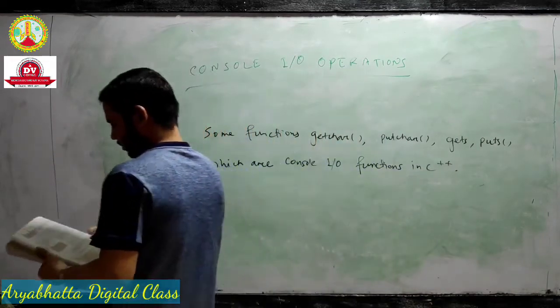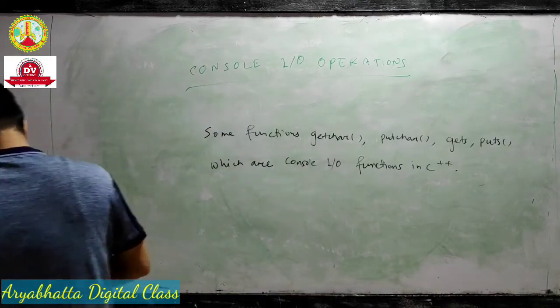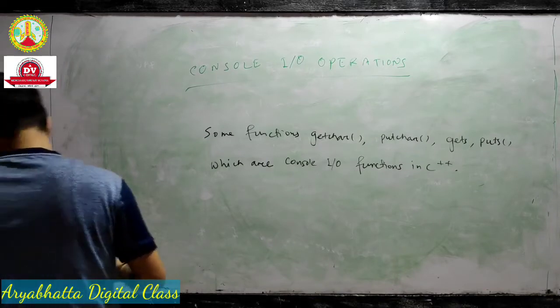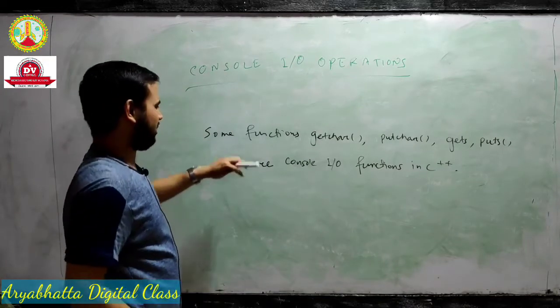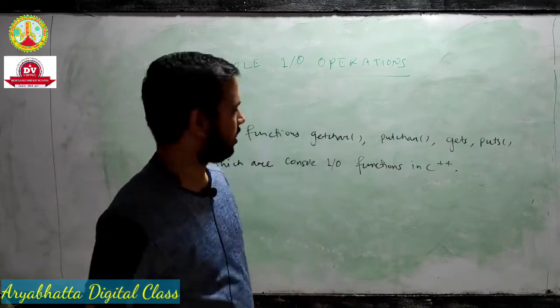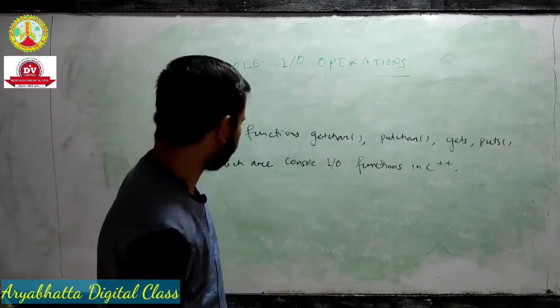Okay, this will be enough for console input output operation. Next we study a program. This is very important. You have understood getchar, putchar, gets, puts. This type of function is inbuilt in console input output operation, meaning conio.h. We take the header file conio.h.